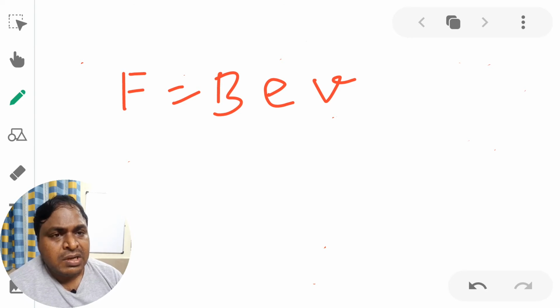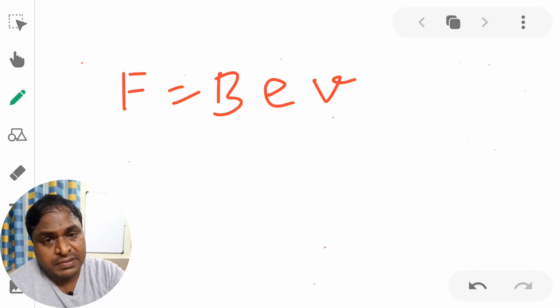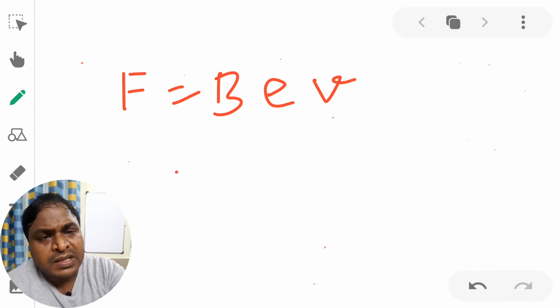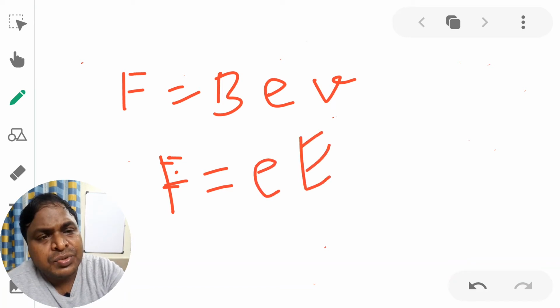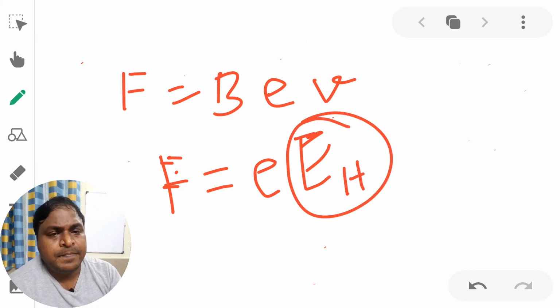And eventually you will have the electric field. Okay, so when electric field is set up, then the force experienced by an electron by an electric field is e into EH. Okay, so this is your Hall field.